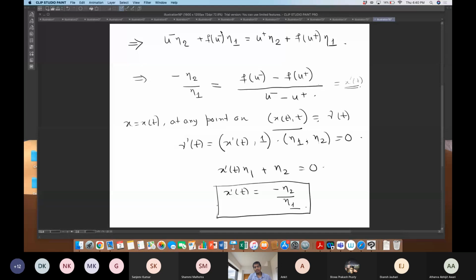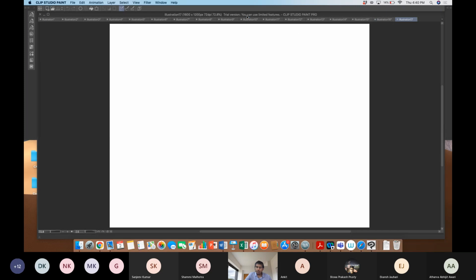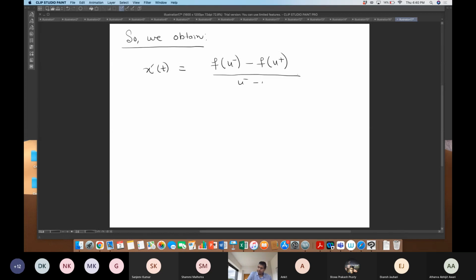So we obtain that x prime of t should satisfy, if this is the solution, f of u minus minus f of u plus, by u minus minus u plus. So this is our statement of the theorem.